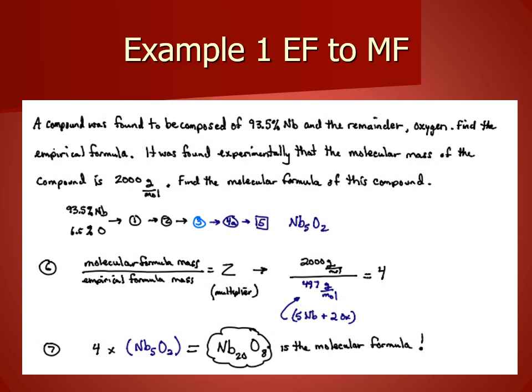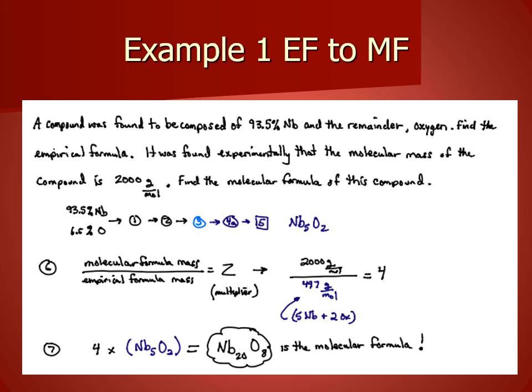Okay, I set this example up. I didn't bother to type it. I am simply using the niobium example. So if we started with this question, a compound was found to be composed of 93.5% niobium and the remainder would be oxygen. Of course, if it's a 100% sample, the difference between 100% and this number has to be the oxygen, and that mathematically came out to 6.5%.